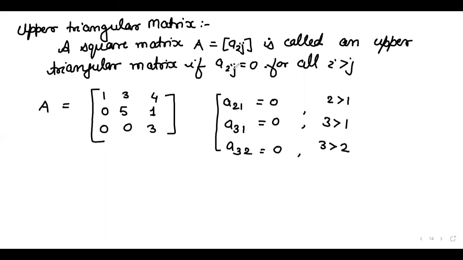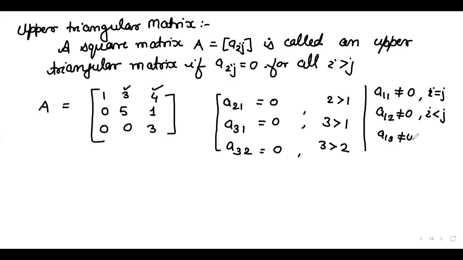So aij is equal to 0 when i is greater than j, and when i is less than j, or at the a11 position where i is equal to j, at that condition we are getting not equal to 0. It is not equal to 0, meaning we are getting i equal to j here. Then the a12 position is also not equal to 0. The value is 3 here, the element is 3. Here i is less than j. Then the a13 position is also not equal to 0.